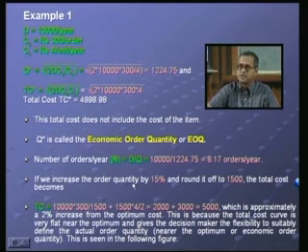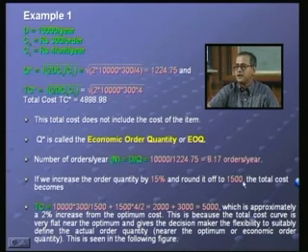Now, how sensitive is the cost with respect to the economic order quantity? Suppose we want to round off the economic order quantity to a value 1500. Suppose we assume that the item is available only in packets of 500 or multiples of 500, and we decide to round it off to 1500, which means we have roughly increased the order quantity by about 15%.